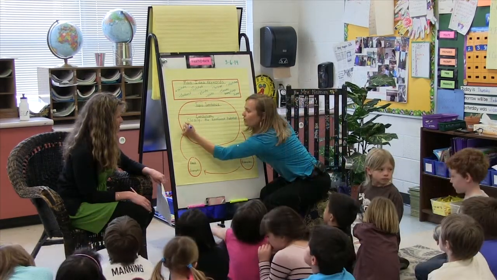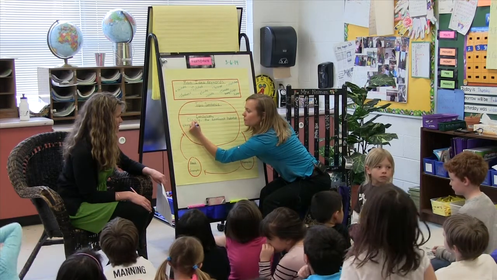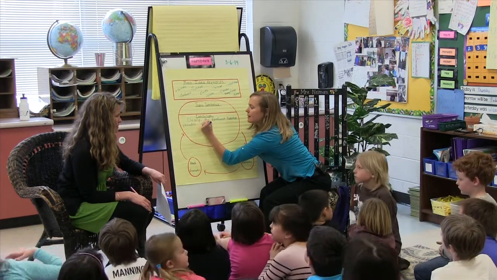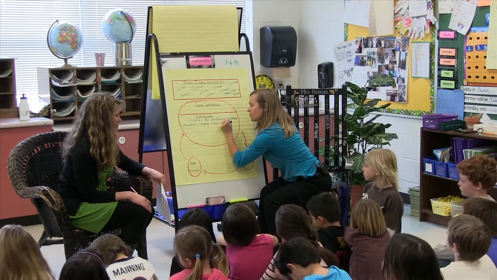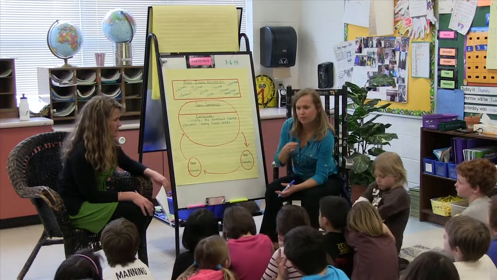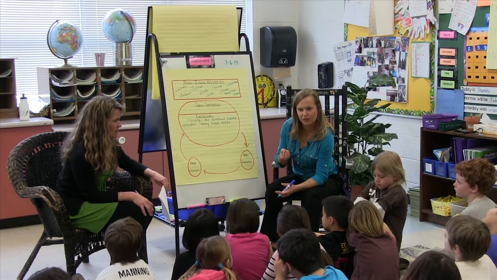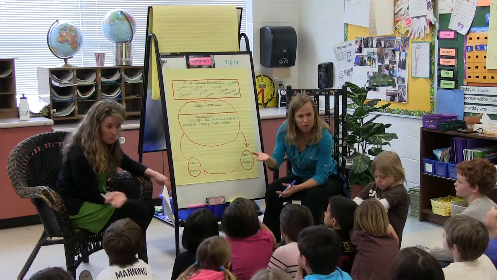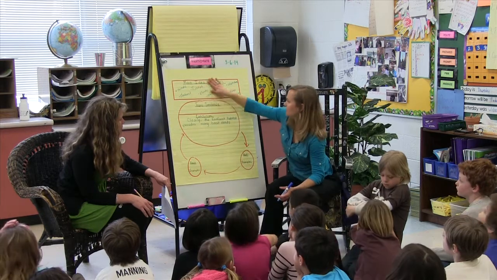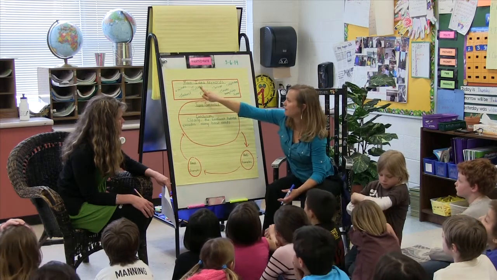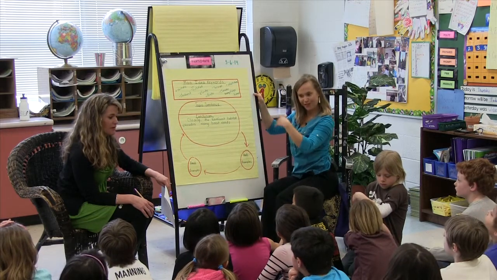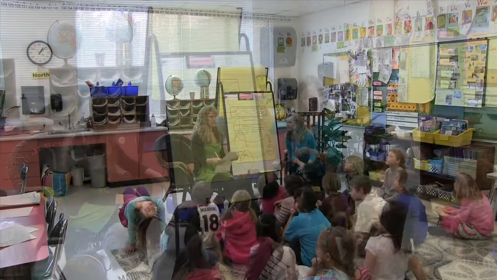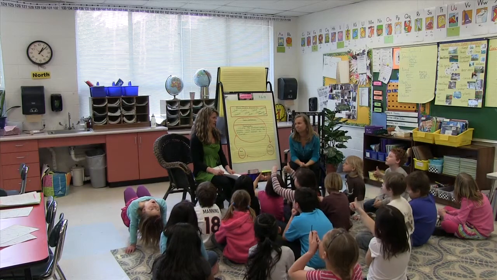Oh, provides many basic needs to help plants and animals grow. Oh, but I'm going to use this to help plants and animals. Oh, I used needs. Survive. Yeah. That is so much better than the one that I wrote at the very beginning.